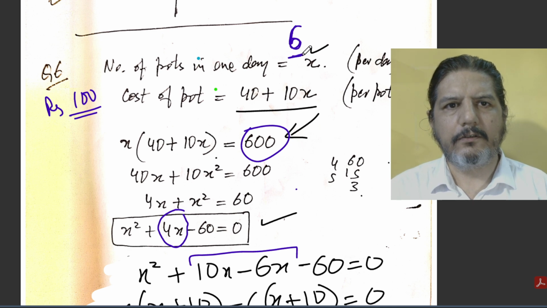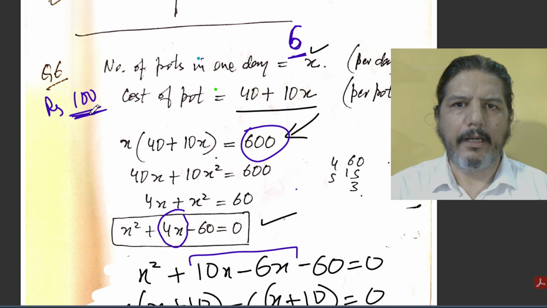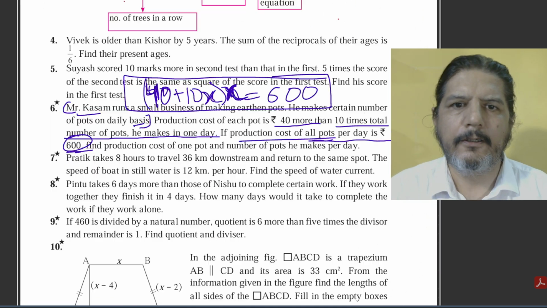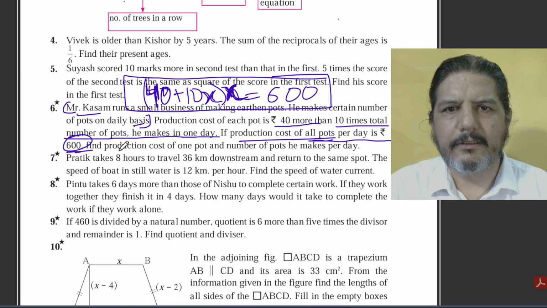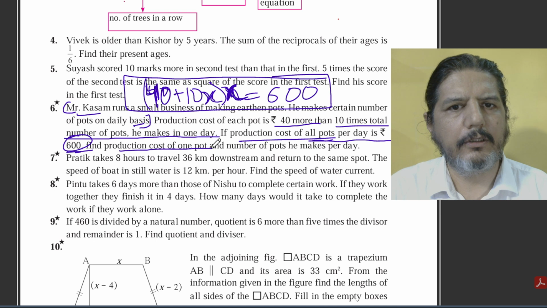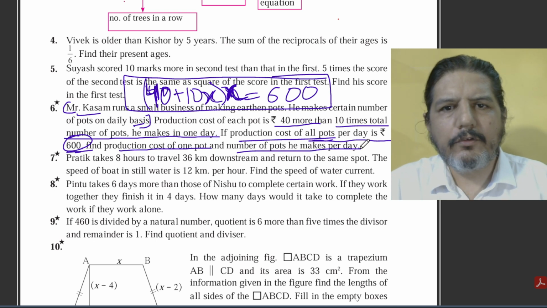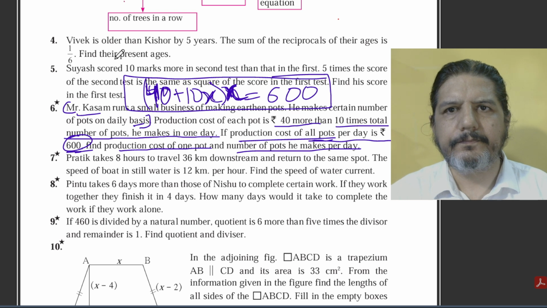So 6 pots per day and rupees 100 is the manufacturing cost of each pot. And that is what they are asking us: find the production cost of one pot. We have found the number of pots he makes per day. So this is how these questions are done.